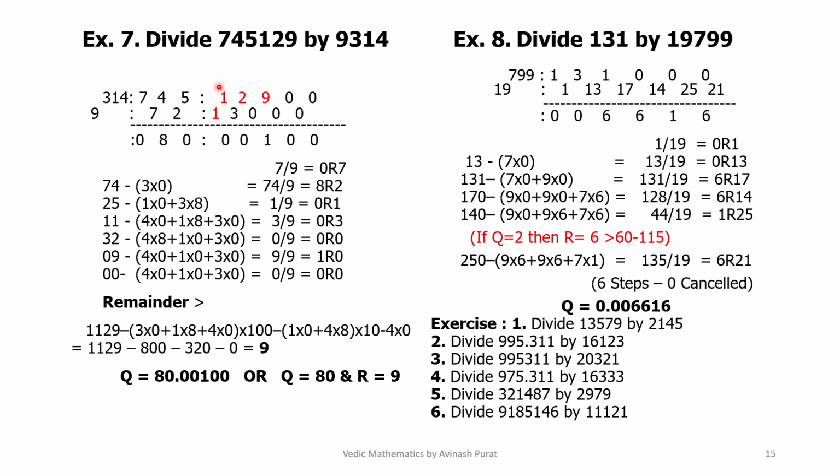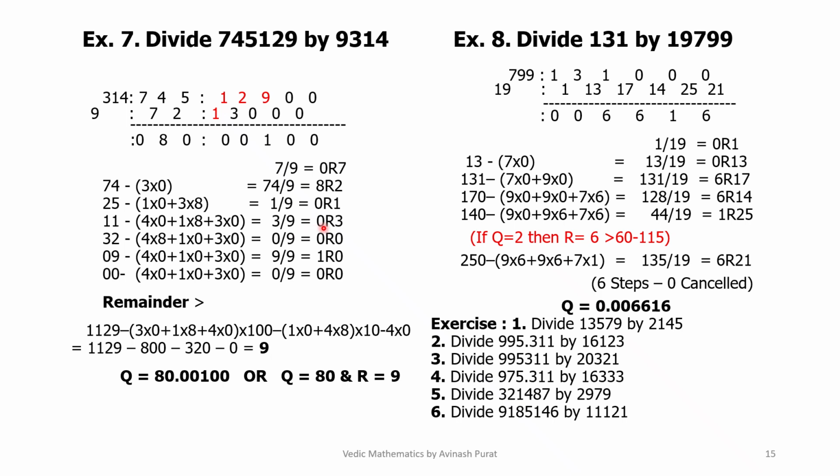Now 11 is the dividend, minus 4 into 0 plus 1 into 8 plus 3 into 0, that is 11 minus 8, that is equal to 3, divided by 9.